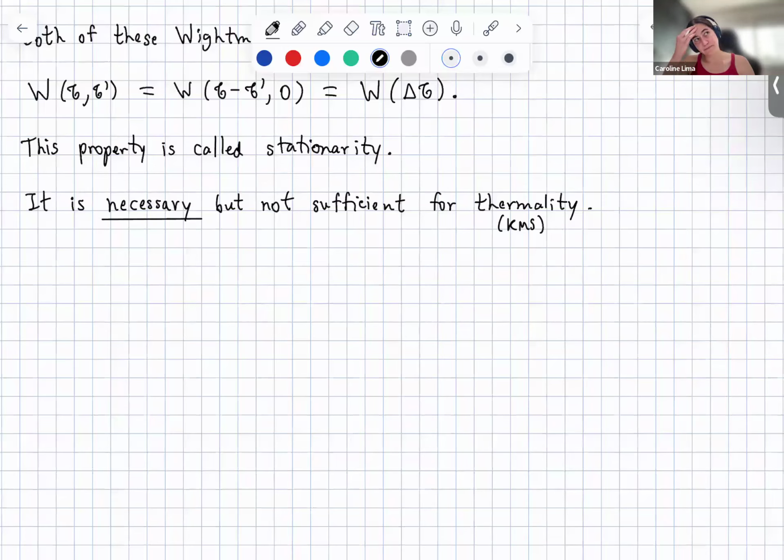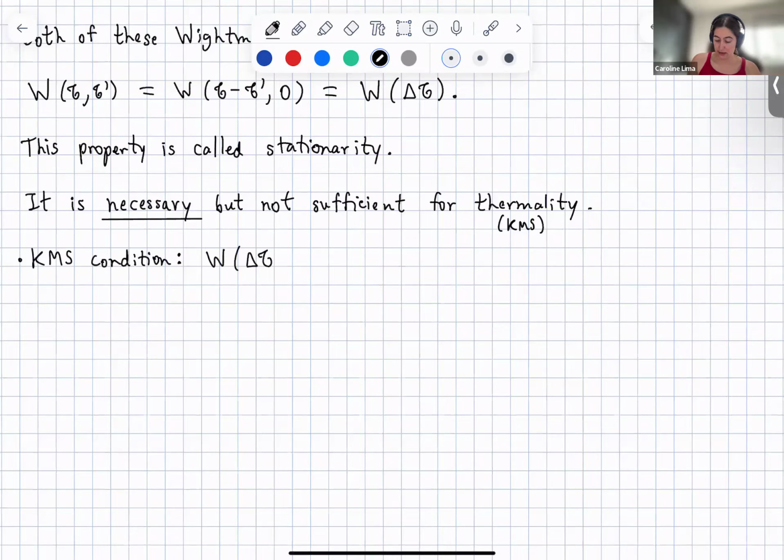Now, the KMS condition actually requires more than this, so I'll just mention this briefly. What the KMS condition requires is that the Wightman function computed in delta tau, which is tau minus tau prime, minus i beta, has to be the same as the Wightman function computed in minus delta tau.